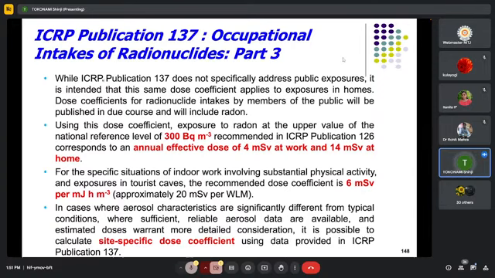While ICRP Publication 137 does not specifically address public exposures, it is intended that this same dose coefficient applies to exposures in homes.